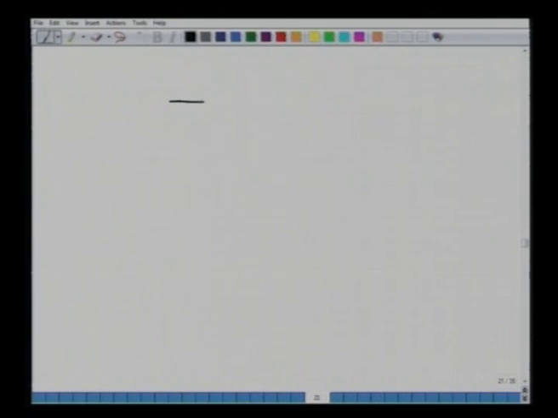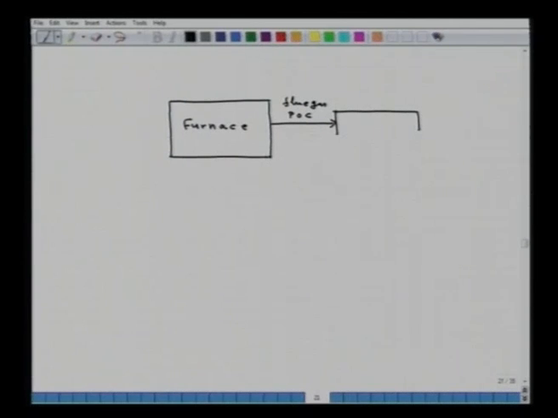I just represent it by a box, which is normal when you want to represent the material balance. So, this is a furnace, which is the same as it was earlier. This is the POC or flue gas, whatever you would like to call it. It is entering into a preheater, which you can also call a regenerator or a recuperator.